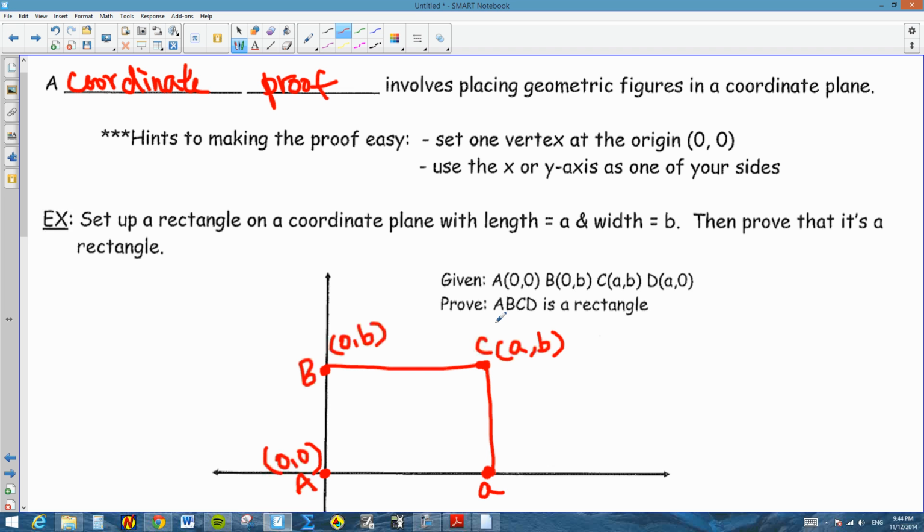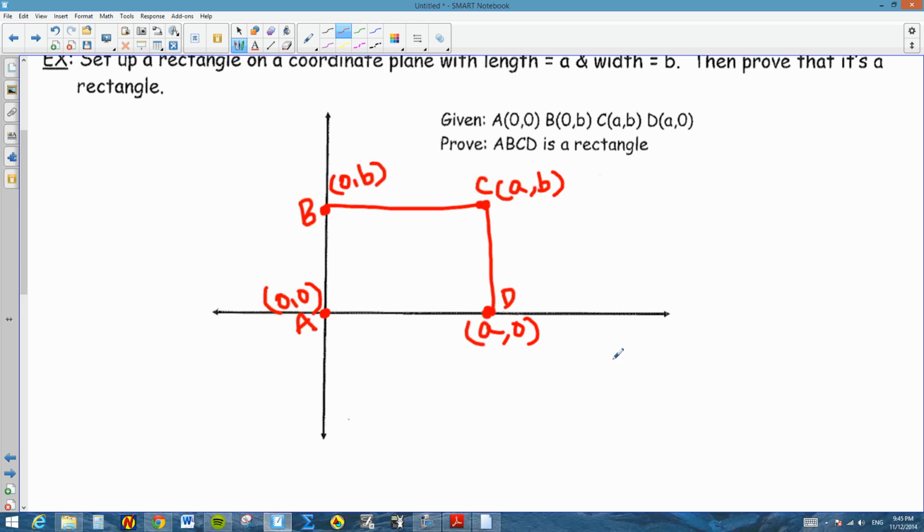This is a rectangle. So that's A, 0, which is your point D. From this picture, you can see from A to D, this length is A. From C to D, this length is B. And this is B. This is also A.